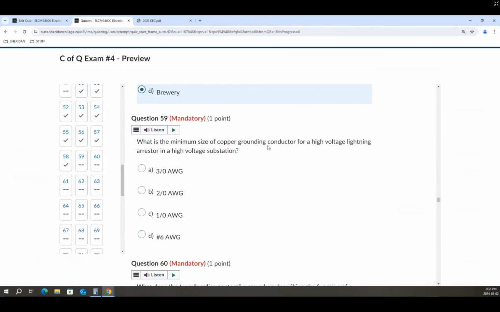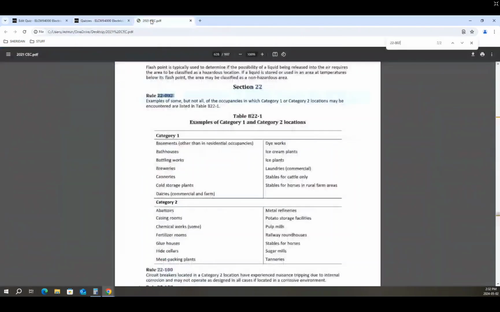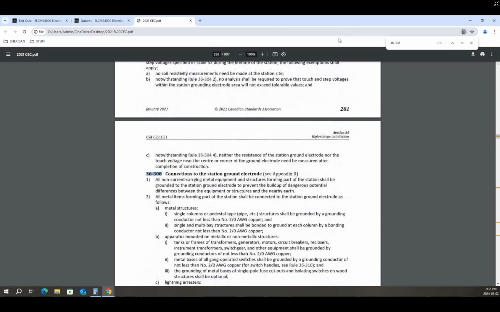Question 59. What's the minimum size of copper grounding conductor for a high voltage lightning arrestor in a high voltage substation? So high voltage again, so we're going to Section 36 and lightning arrestor. High voltage connections to the station ground electrode.